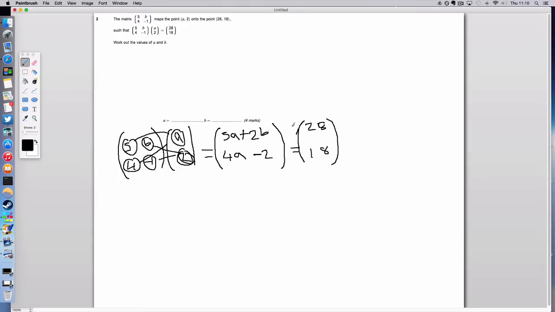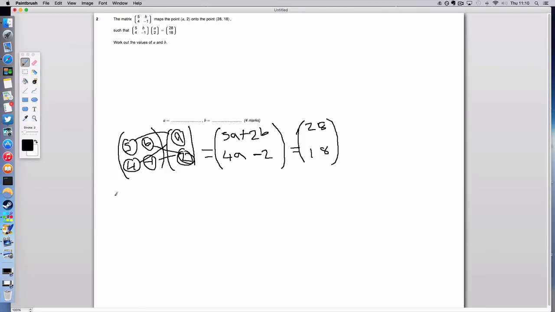Now, in order to find our values of a and b, we must be looking not just at matrices, but also at simultaneous equations. These two vectors are equivalent, but what does it actually mean, and how do we form this in a way that's common for us to read?